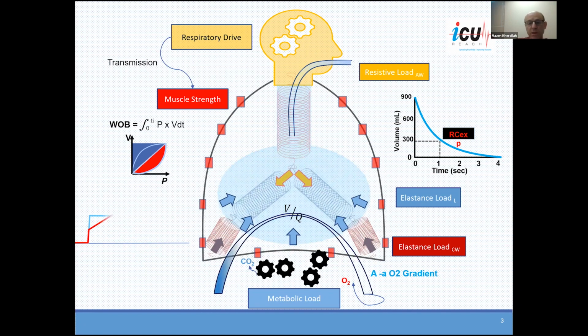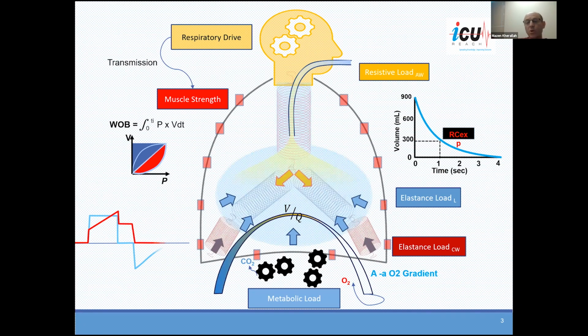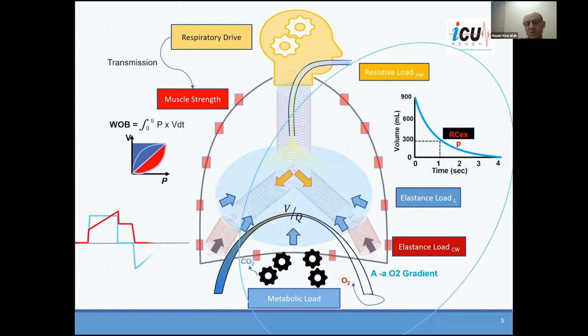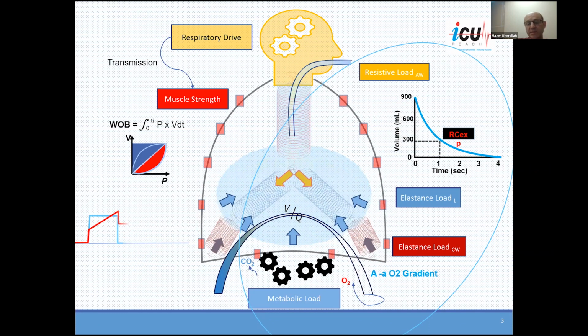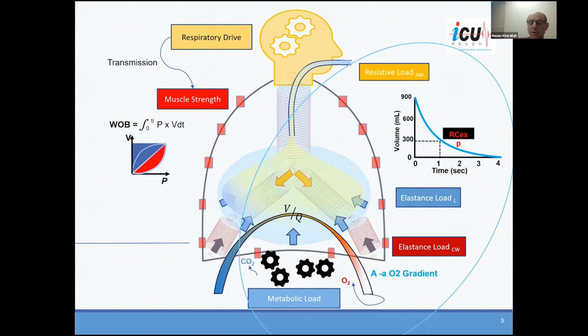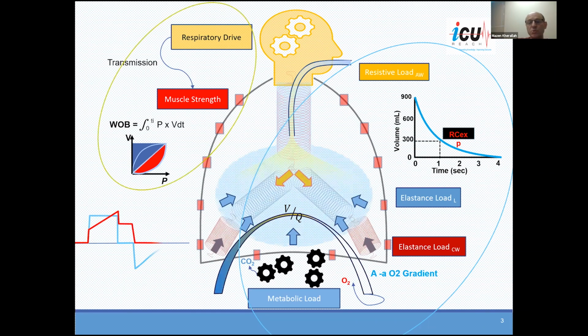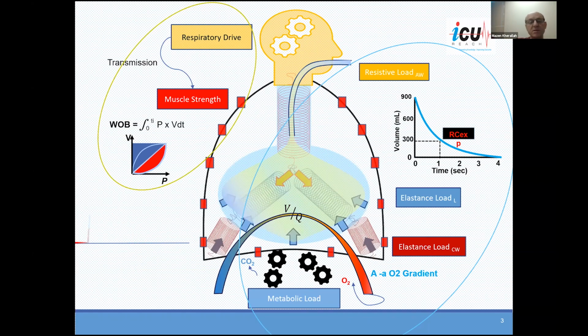So this way, you would say that I have loads on the respiratory system. This load could be resistive, elastic, or metabolic. On the other hand, I have a patient who needs to overcome that load or meet the demands of the body, which is the work of breathing.